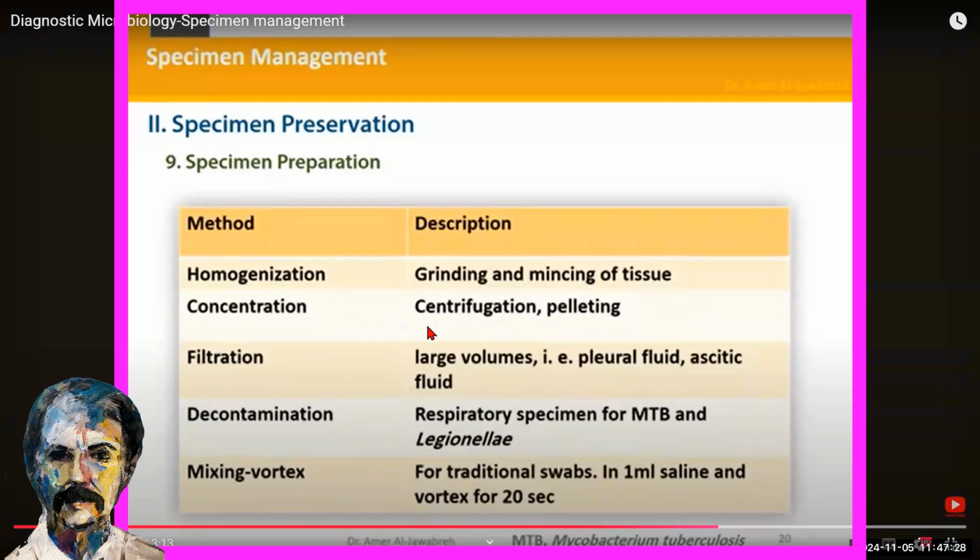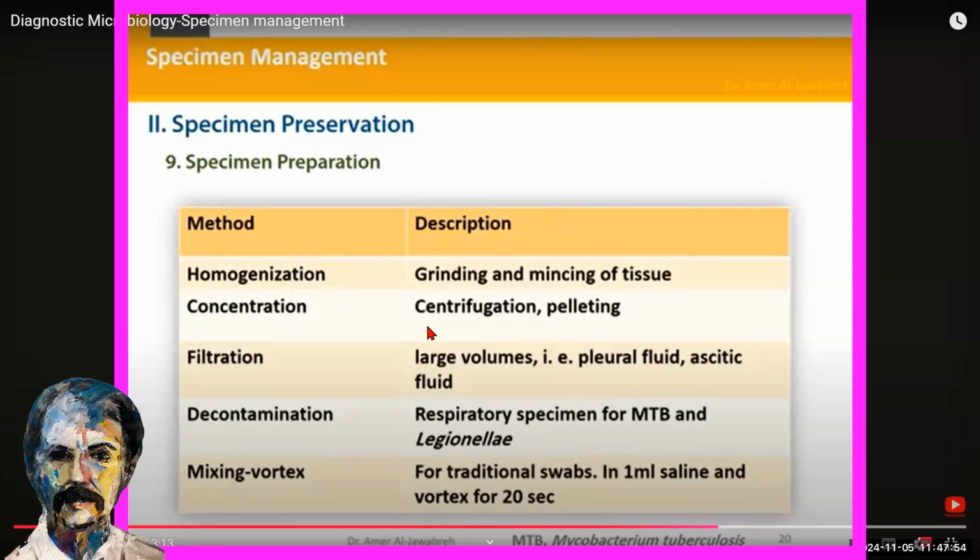Example is homogenization. Homogenization, grinding and mincing of tissue. If you want to culture a tissue, you have to put it in sterile saline or bone sometimes. I remember we did culture in bone. And what we did is that we brought a crucible with mortar, pestle and mortar, sterile, autoclaved.